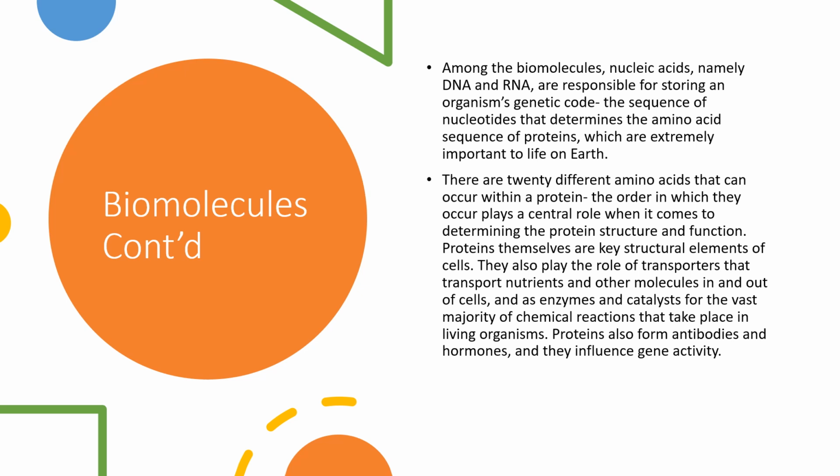There are 20 different amino acids that can occur within a protein. The order in which they occur plays a central role when it comes to determining the protein structure and function.